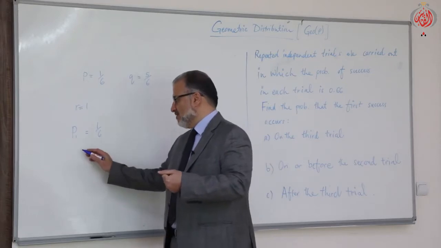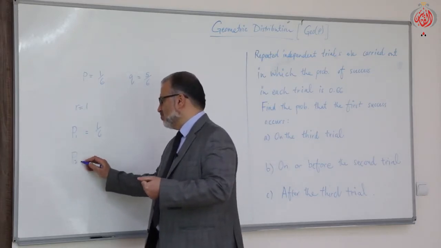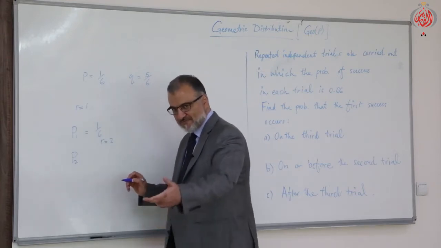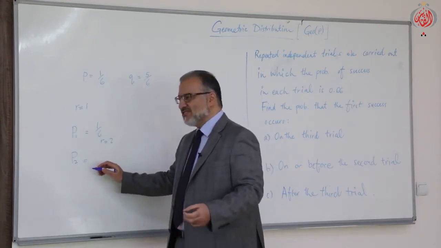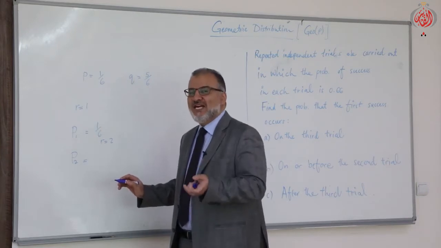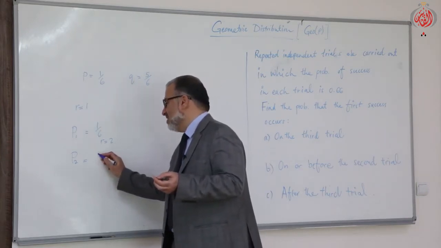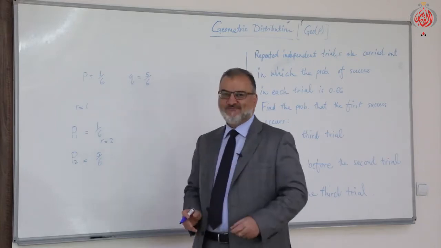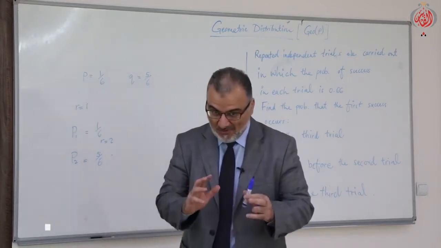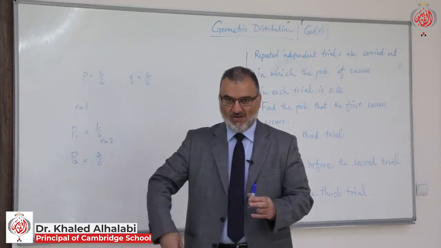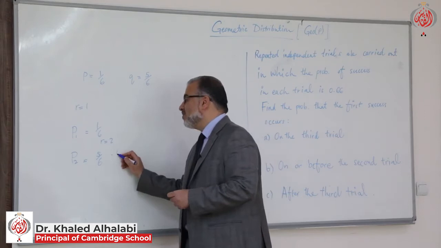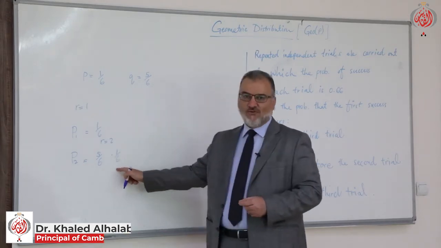Failure. Look here, we will say probability 2 when R is 2. R is 2, it means the number of rollings. So the first roll was failure. It means the probability of failure, 5/6, times, since they are independent events, rolling the die from trial to trial, they are independent, times 1/6, the appearance of 4.